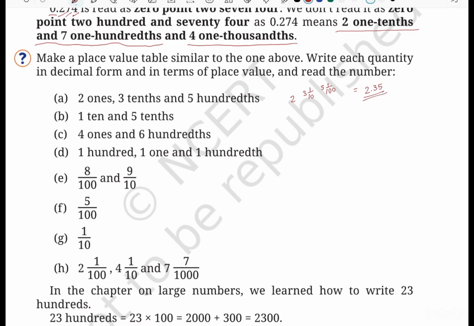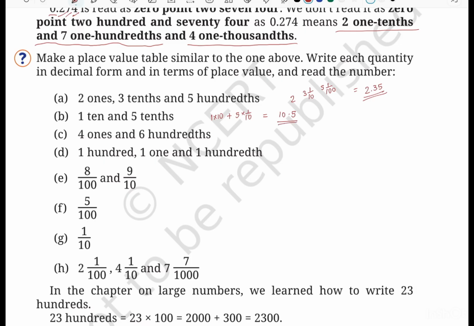Next we have 10 plus 5 tenths. 10 means 1 into 10 and 5 tenths means 5 into 1 by 10. So it can be written as 10 point, the first tenths place is 5. So 10.5.